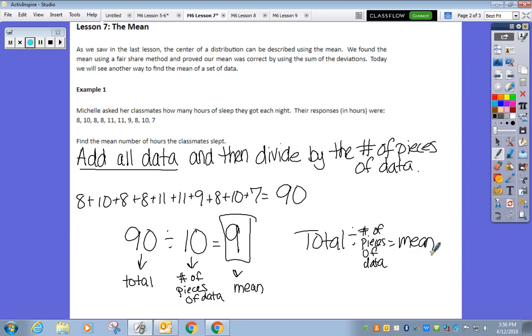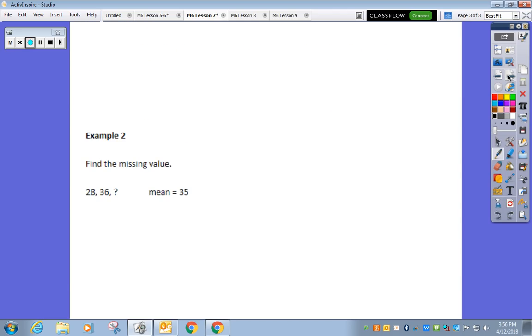Okay, so that is one thing you're going to be asked to do, is take a data set and find the mean from it. Another thing you're going to be asked to do is find a missing value. So you're going to be given a set of numbers that has a missing value. You'll also be given the mean of that data set, and you're going to have to find the missing piece of data.